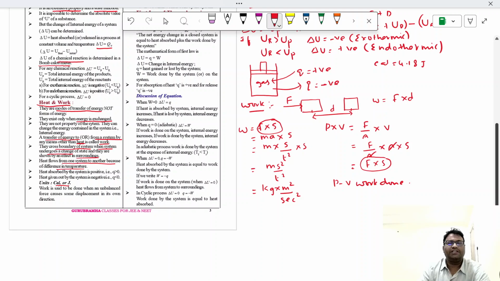So let us consider a gas in a cylinder. Now this gas is pushing the piston. There is some external pressure.